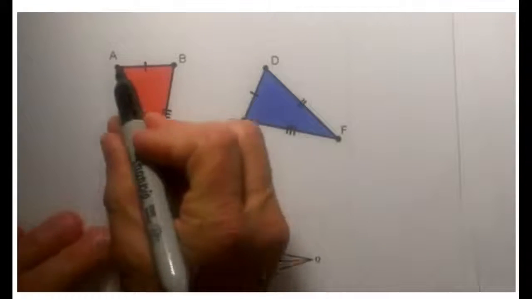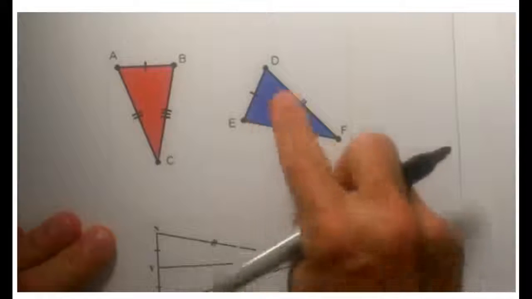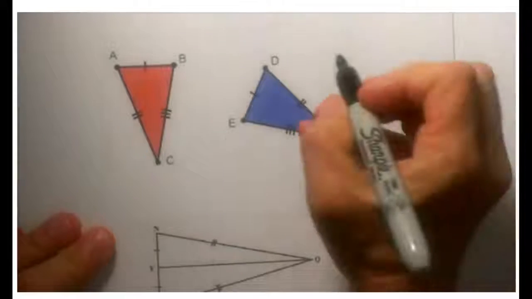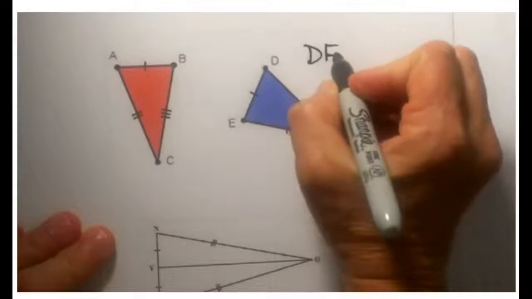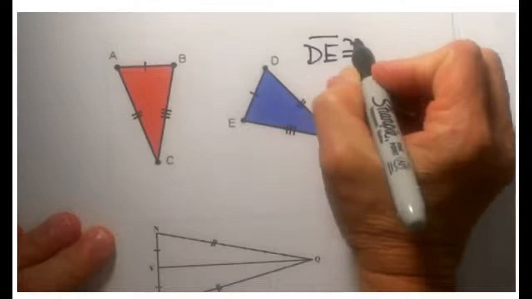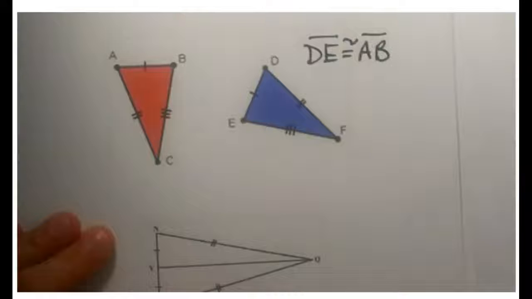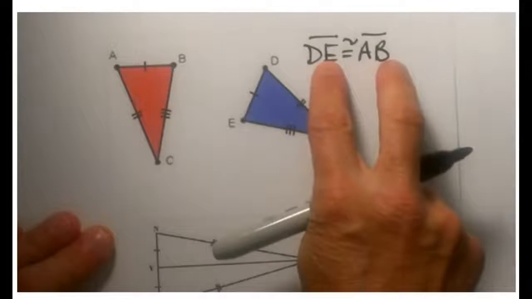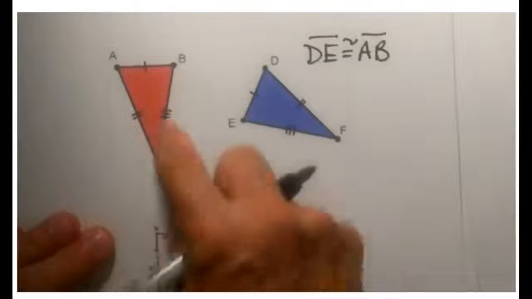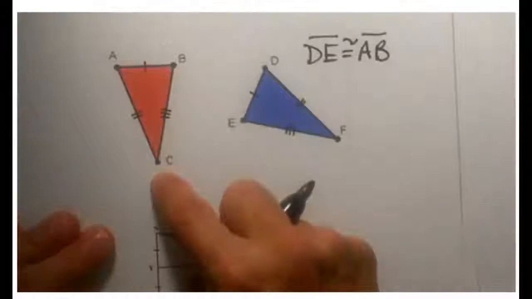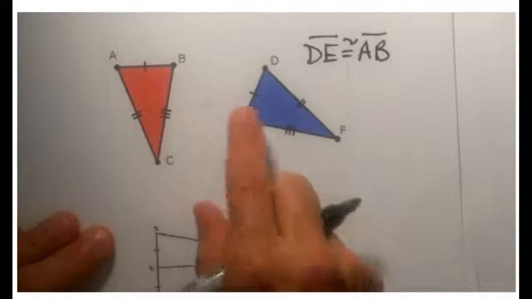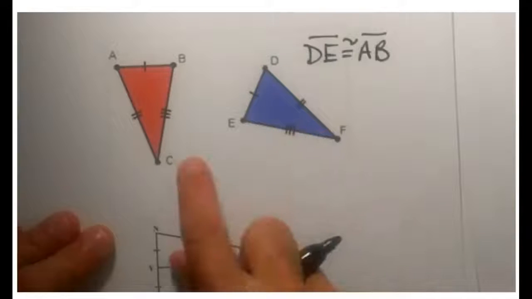We have side AB, and it is marked congruent to side DE. So we can list DE is congruent to AB. So there is one side that's congruent to each other. Then we've got these sides that are marked from A to C has 2 marks on it, and from D to F has 2 marks on it.